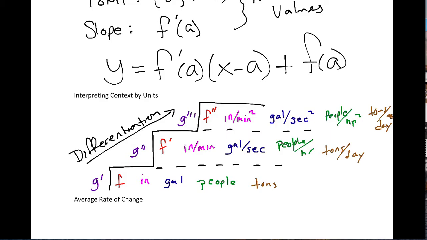It doesn't matter because you're just going up another derivative. There is actually a context of f triple prime, but we won't get into it. As far as AP Calculus goes, this is as far as we're going to go.